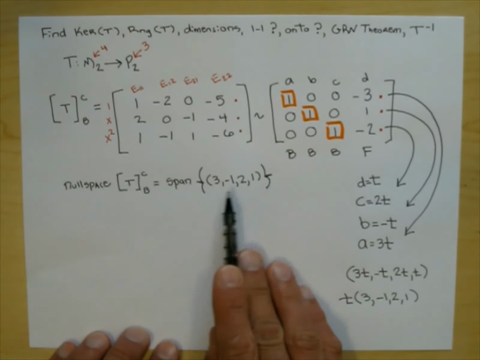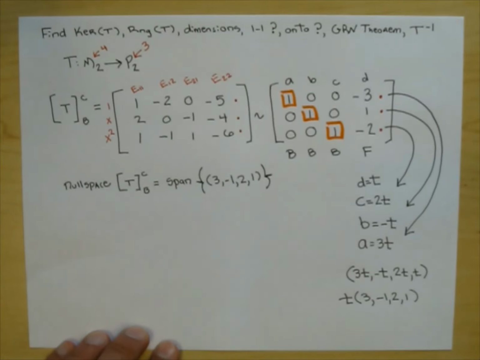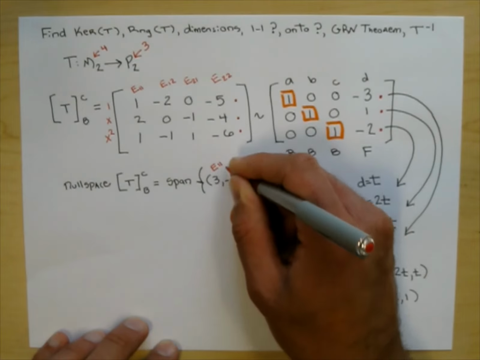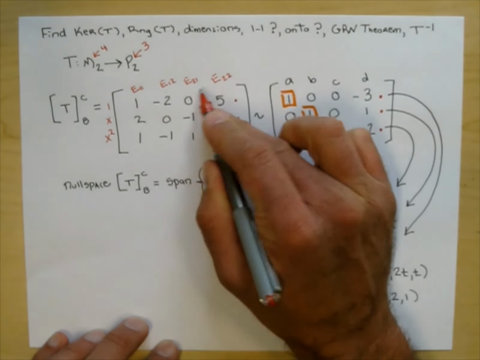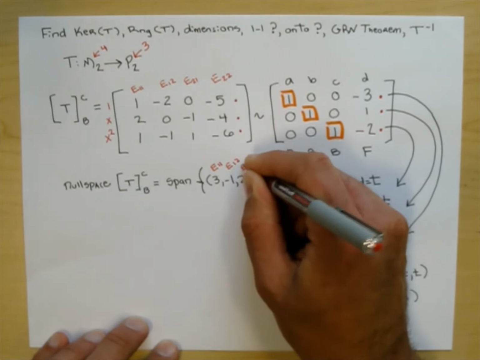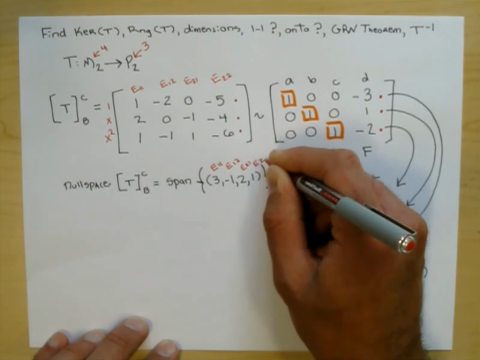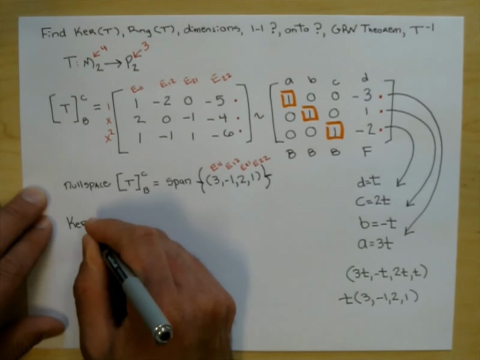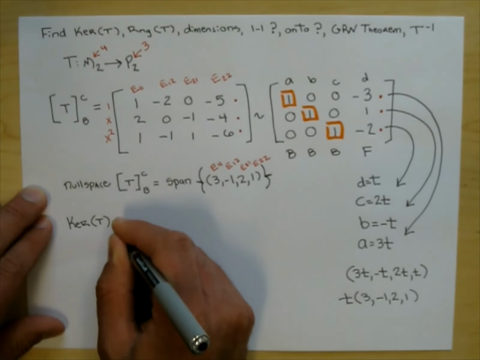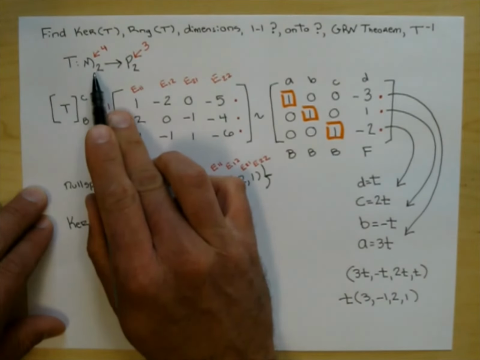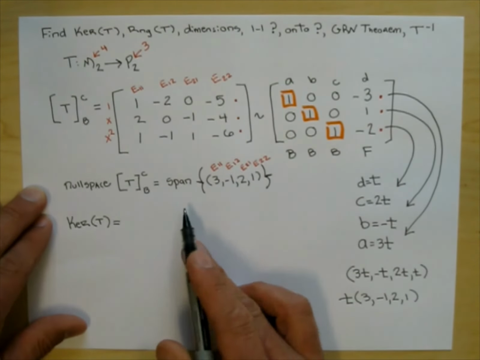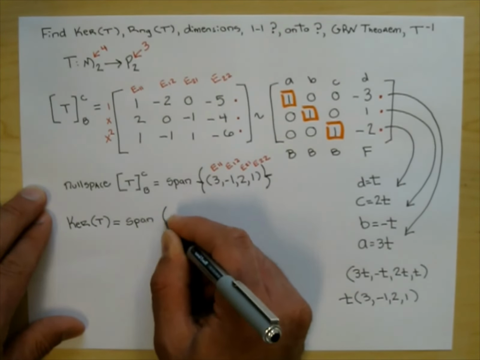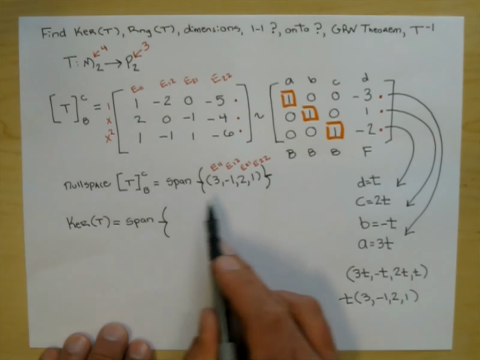Now remember, this vector right here is a 4-tuple, and this one kind of corresponds to E11 in our linear transformation. I'm using the same order, E11, E12, E21, E22. So when asked for the kernel of the linear transformation, and we know the kernel lives in M2, so it better look like 2 by 2 matrices, it's going to be the span of just one element, just like the null space was the span of one element.